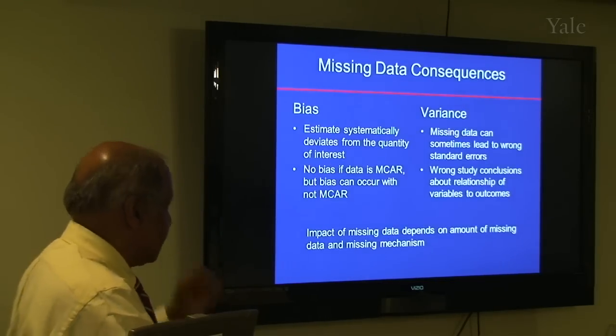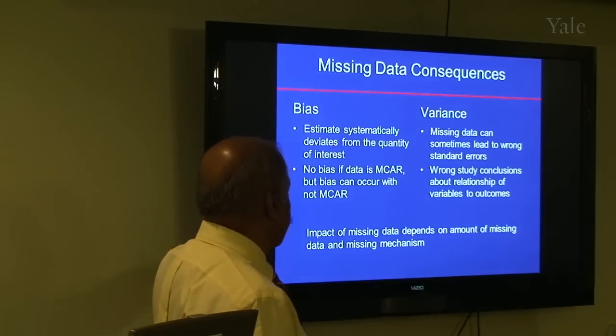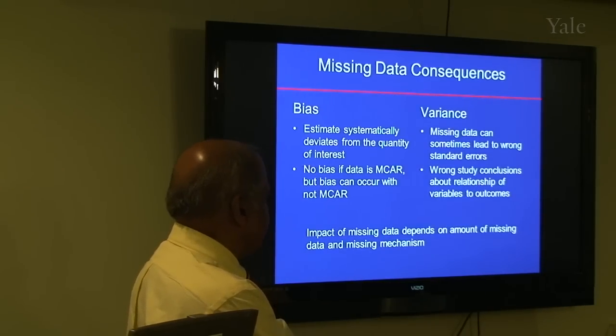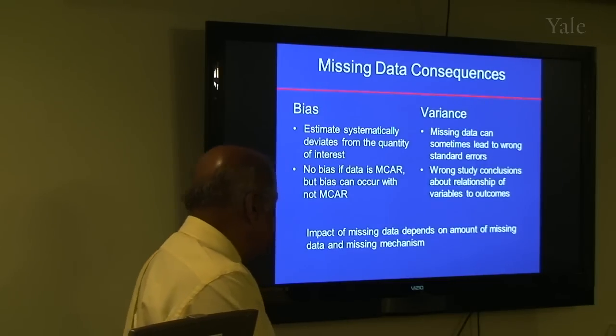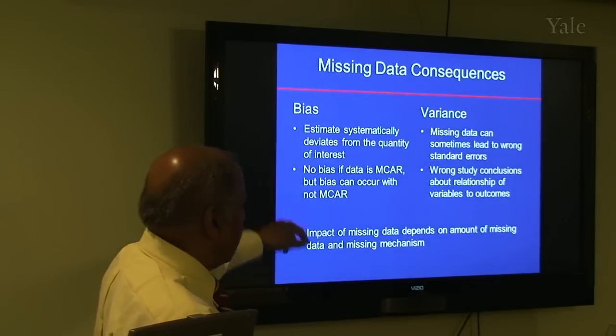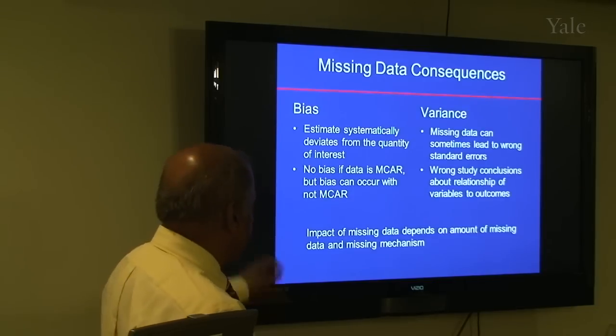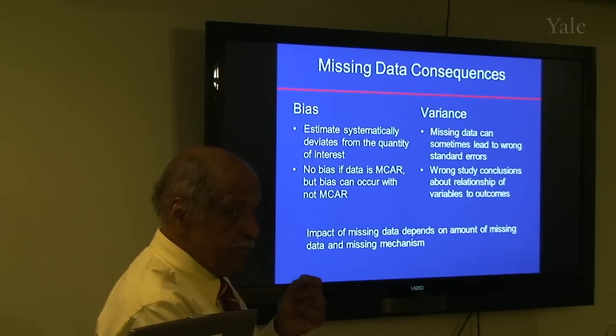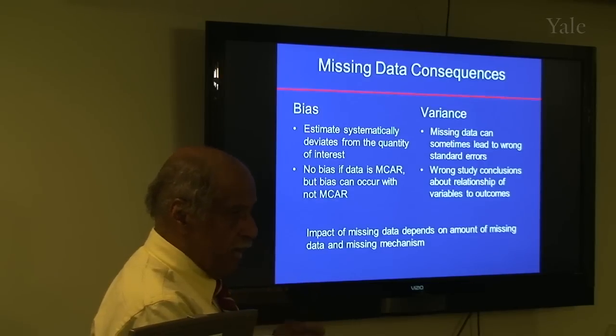Here are the consequences. Most of you are aware you would have bias, and the estimates systematically deviate from the quantity of interest. No bias if it's MCAR, but bias can occur if it's either missing at random or missing not at random, okay?